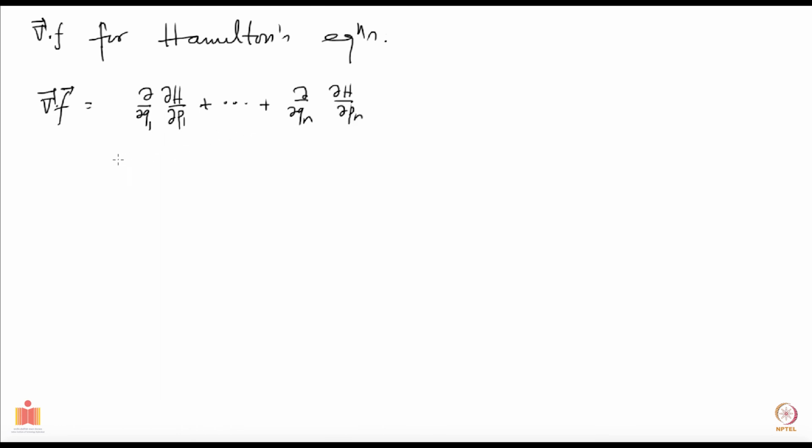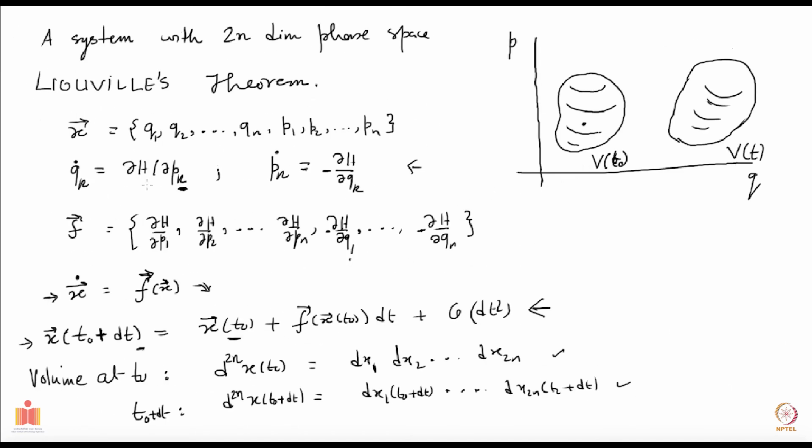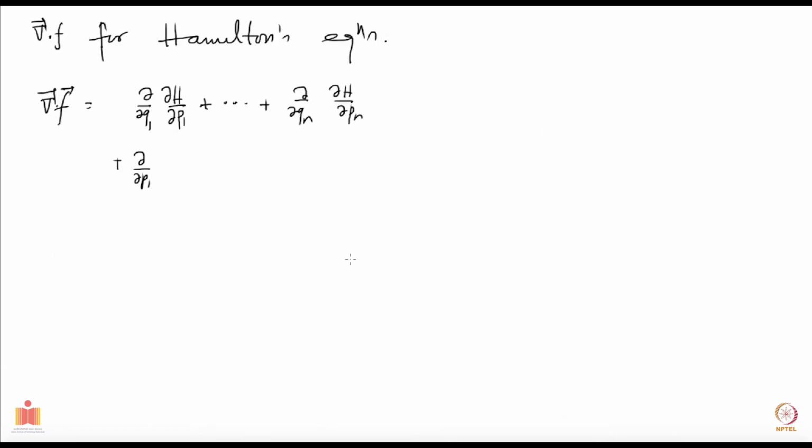Then you have more terms, ∂/∂p_1, and let's recall what f_{n+1} was. f_{n+1} was minus ∂H/∂q_1. So you have, instead of a plus here, a minus ∂H/∂q_1, and then you continue up to p_n and ∂H/∂q_n.